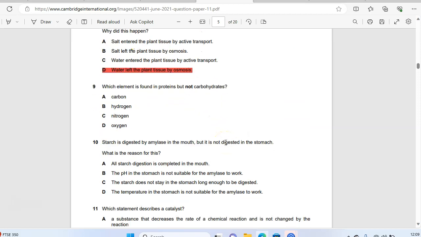Question number 9. Which element is found in proteins but not in carbohydrate? Carbohydrates have carbon, hydrogen, and oxygen.